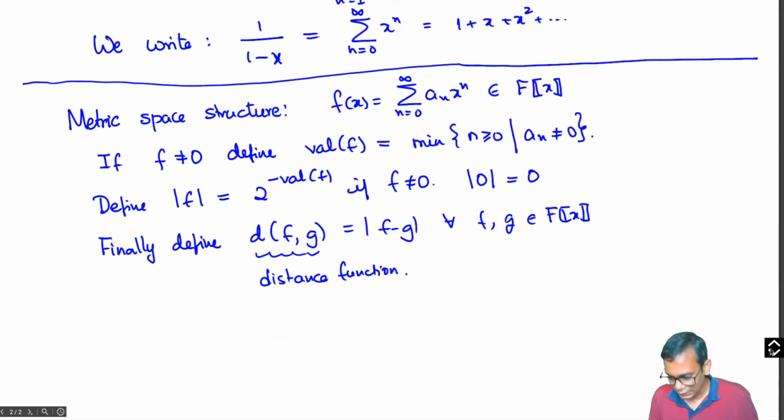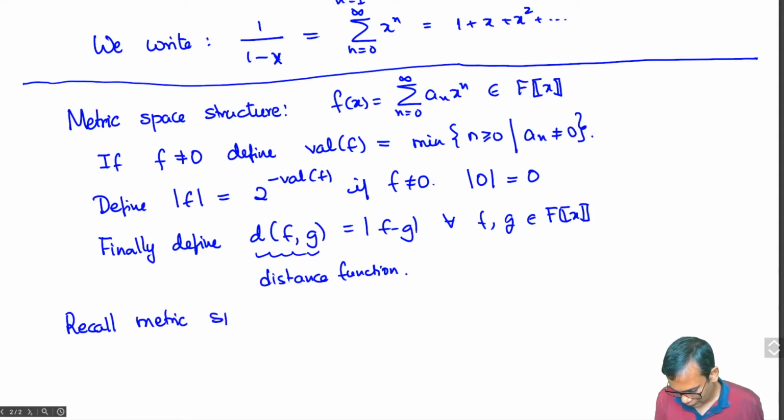What are the things we need to check to make sure that this is a metric space? Recall the axioms for a metric space. So the first is that the distance function is symmetric. The distance from f to g is the same as the distance from g to f.